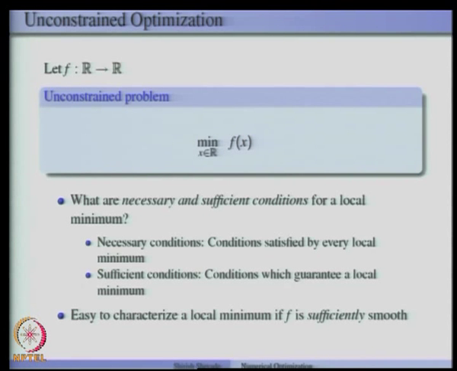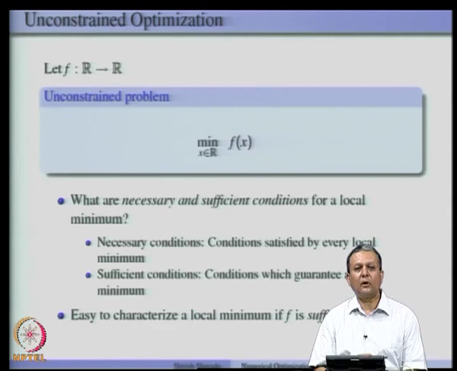Now, as we saw earlier, there might exist a lot of local minima for a general nonlinear function. Then how do we characterize such local minima?